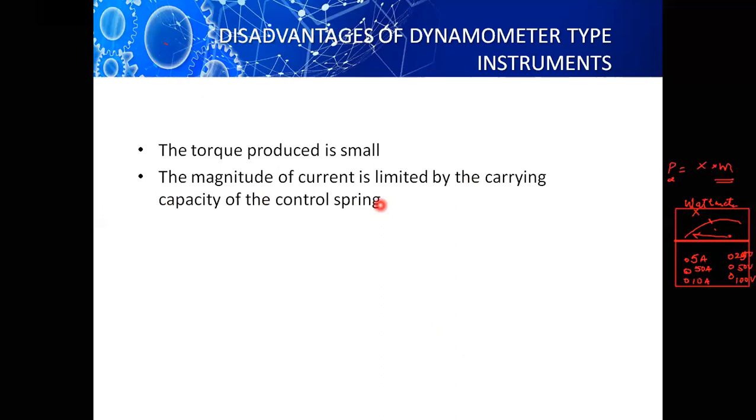The reason behind it is that the pressure coil or the moving coil is connected to the spring for leading current into the moving system, and the current carrying capacity of this control spring will be less. Hence, it limits the magnitude of current through the moving coil.